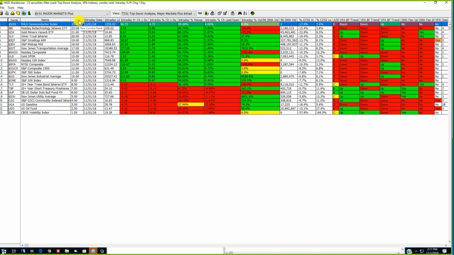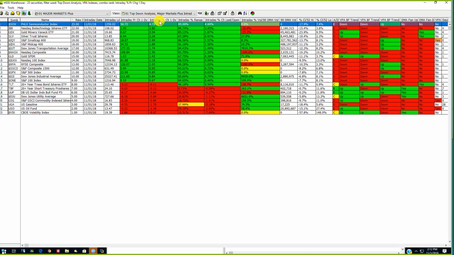And by sorting on what we call the raw combo, for you newbies, that drives the indexes to the top of the list. And if you look up here, you can see that there is what we call a combo ranking attached to this view, and it's intraday percentage price change 1 day.